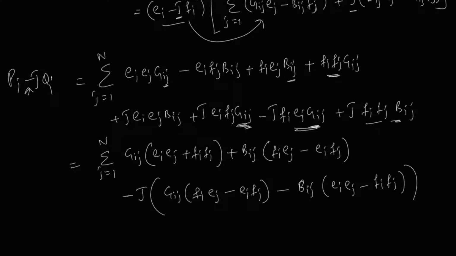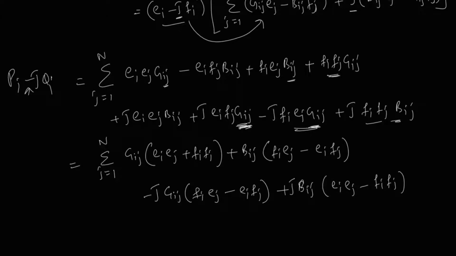Or for simplification, if I remove this bracket and multiply minus j here, this is minus j here, and this is plus j here. So just check it out now.